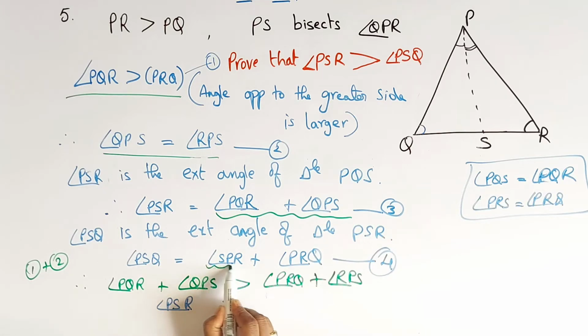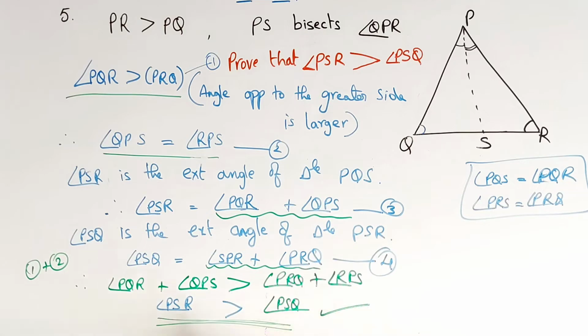Now the fourth equation: angle PRQ plus angle RPS, or angle SPR, equals angle PSQ. So in this place I can write angle PSQ. Therefore we can say that angle PSR is greater than angle PSQ, children. That's what we have to prove here.